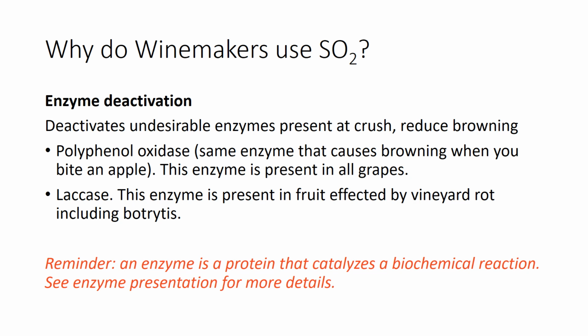And what that means is it becomes deactivated. But laccase doesn't have the same thing. So this enzyme can keep browning your juice and your eventual wine. So sulfur dioxide addition at crush to deactivate this enzyme is really important for wine quality in fruit that's been affected by rot.